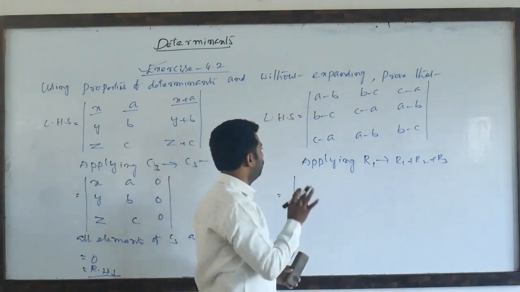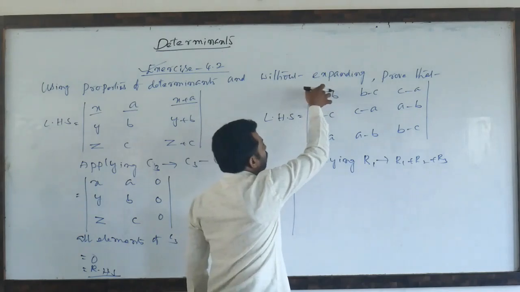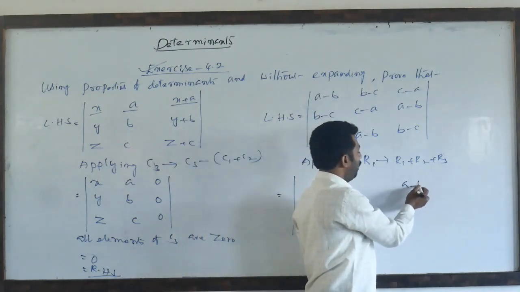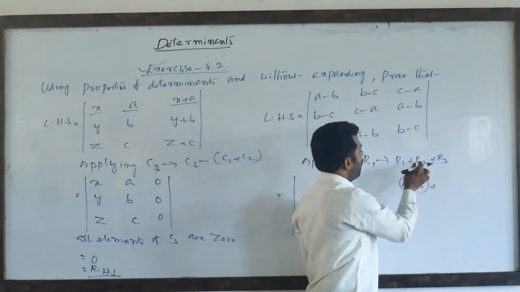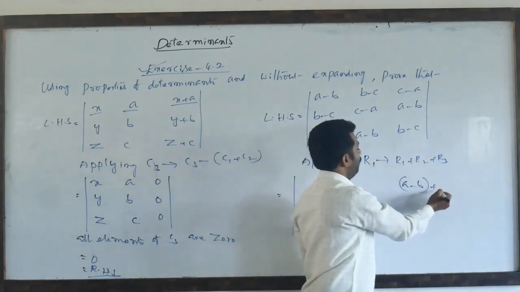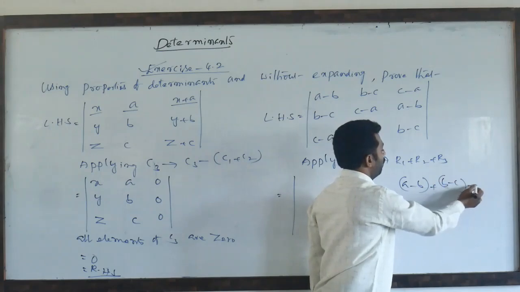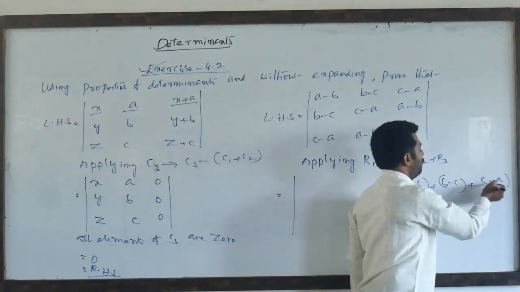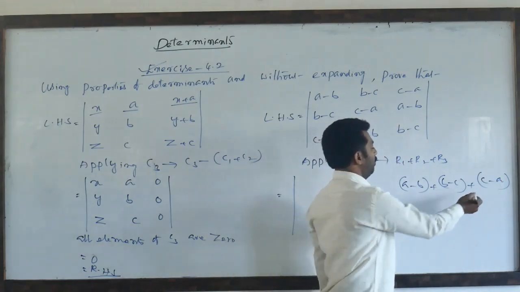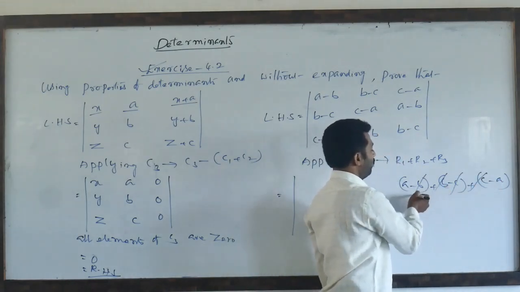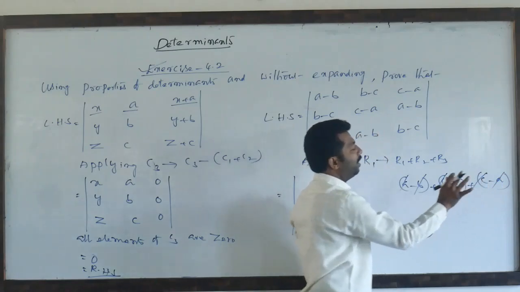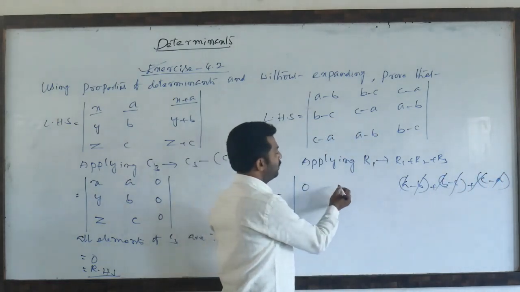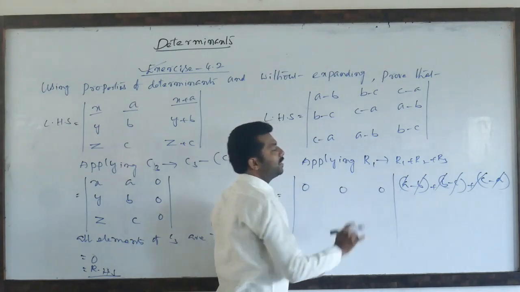In the R1 row, the first element is a minus b, plus the R2 first element b minus c, plus the R3 first element c minus a. Just observe, all the terms cancel: plus c minus c, plus b minus b, plus a minus a. So this is 0, this is 0, this is 0.